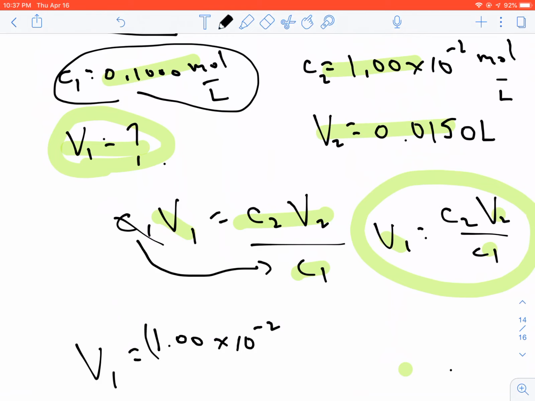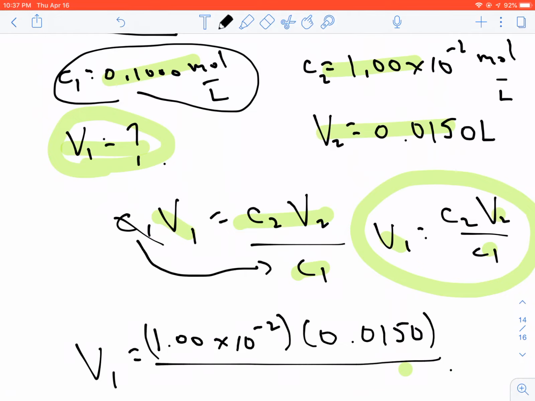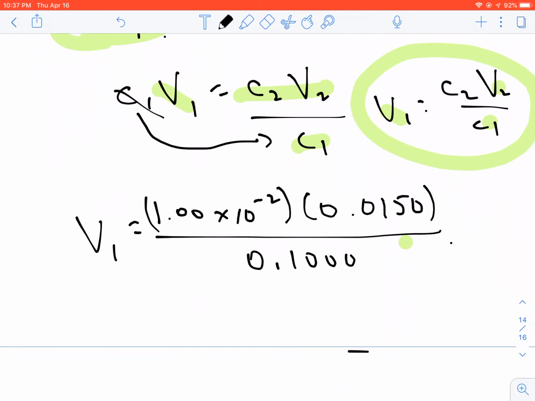There's C2 times V2, which was 0.0150, divided by C1 here, which was 0.1000, and I'll end up with a final answer. V1 turns out to be 0.00150 liters. So there's my final answer.